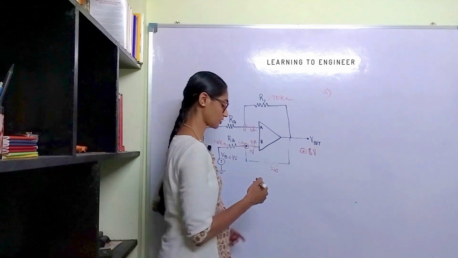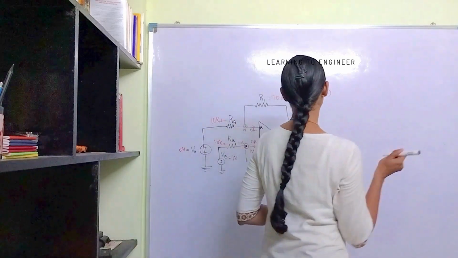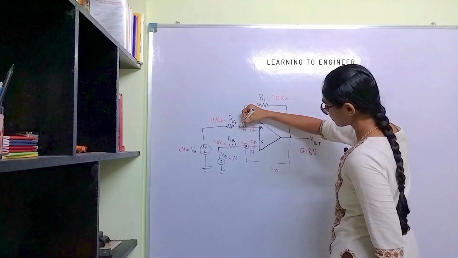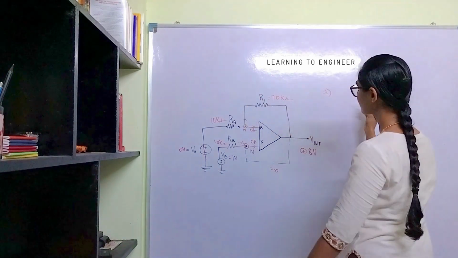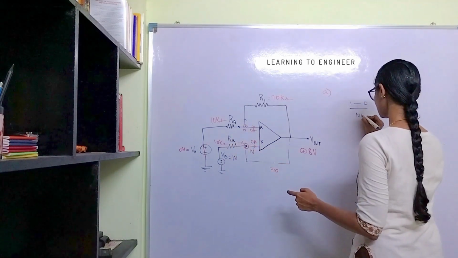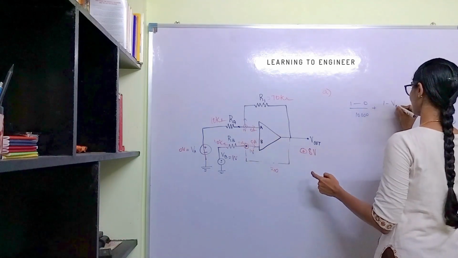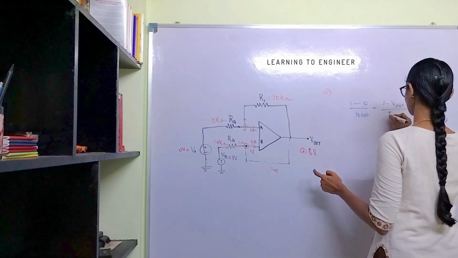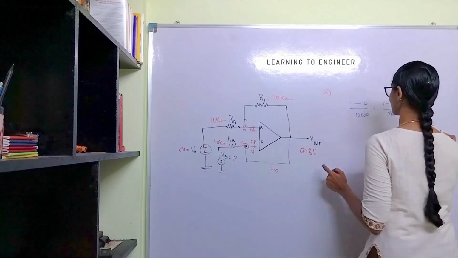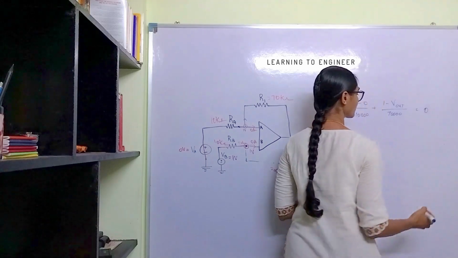So we'll apply Kirchhoff's laws. By Kirchhoff's current law, we can just assume that both these currents are outgoing. So (1 minus 0) divided by 10,000 plus (1 minus V out) divided by 70,000 is equal to 0.